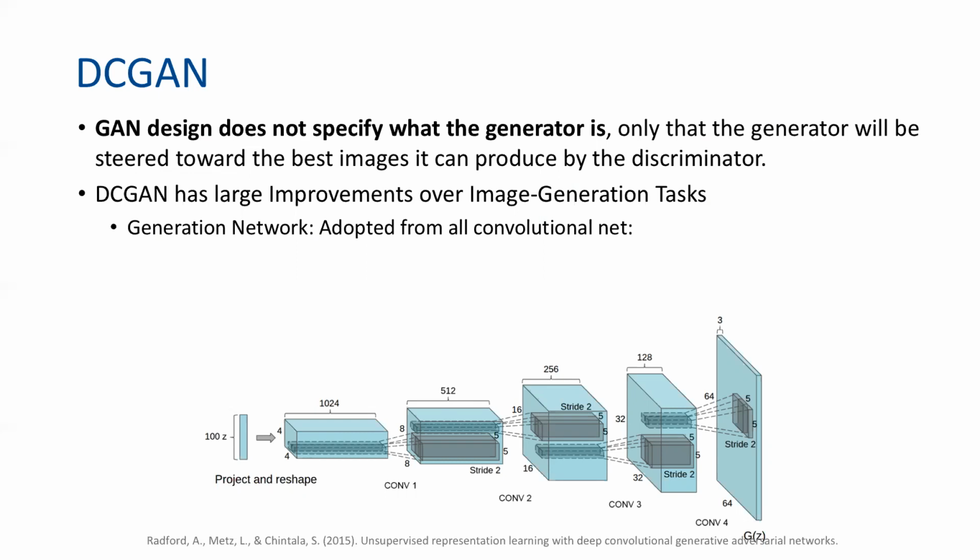So we want to now explore what makes good generator architectures. We only have to build deterministic networks that take random inputs. One of the first very successful architectures was the DCGAN, which is a deconvolutional GAN.